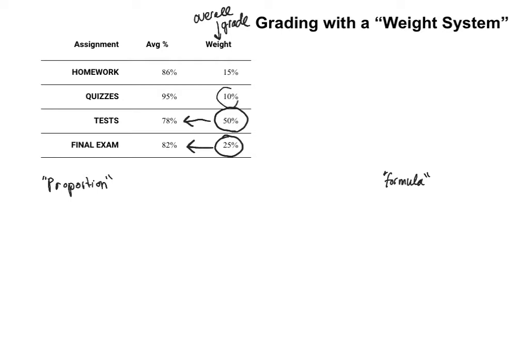And 95% on quizzes is only going to account for 10% of their overall grade, and their average on their homework of 86% will only account for 15% of their overall grade.